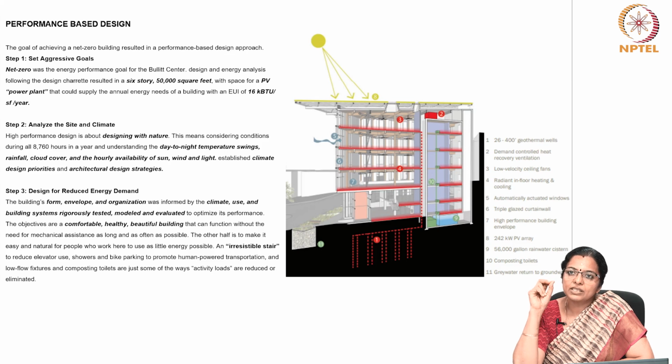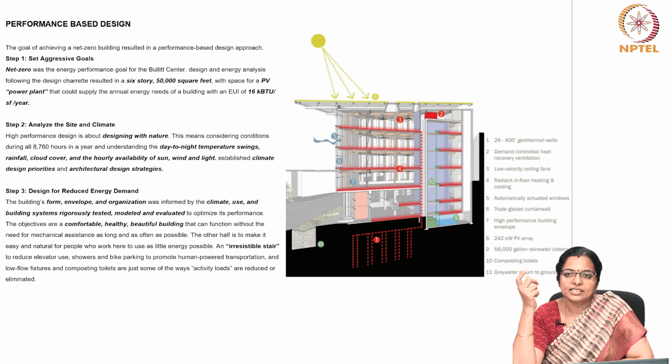The objectives are a comfortable, healthy, beautiful building that can function without the need for mechanical assistance as long as and often as possible. The other half is to make it easy and natural for people who work here to use as little energy as possible.